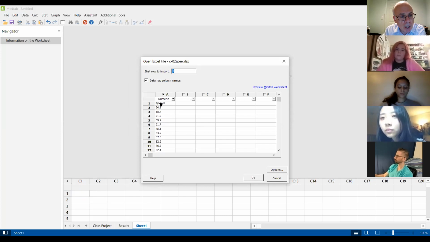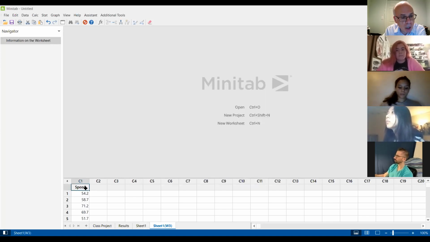So I want that to be the first line, and it is line number 1, row number 1. It says a 1 up here, so that's good. And notice speed shows up in this area here, which is where the title of the column is. All right. Once again, the values are not in any sorted order.